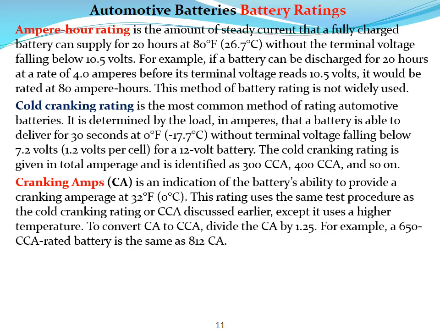To convert cold cracking ampere to cracking ampere, divide the cold cracking ampere by 1.25. For example, a 650 cold cracking ampere rated battery is the same as 812 cracking ampere. This means the cracking ampere is more than the cold cracking ampere.